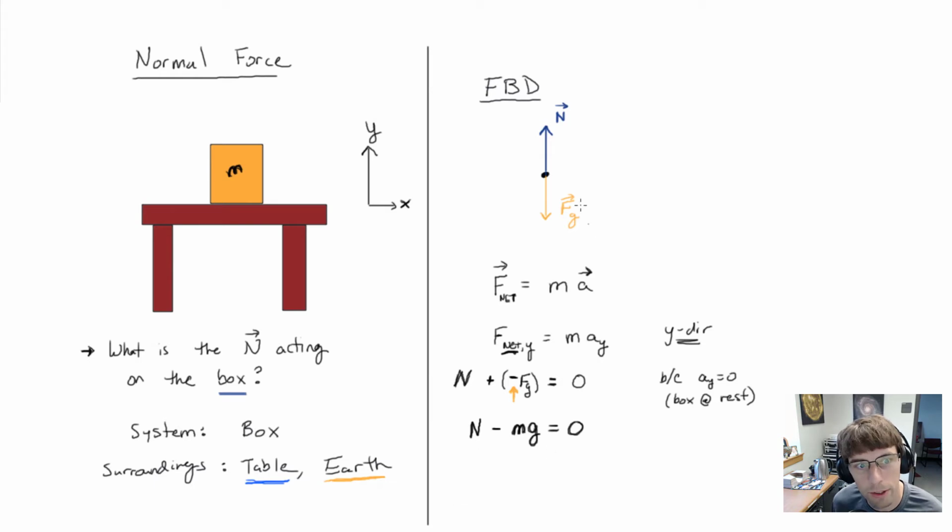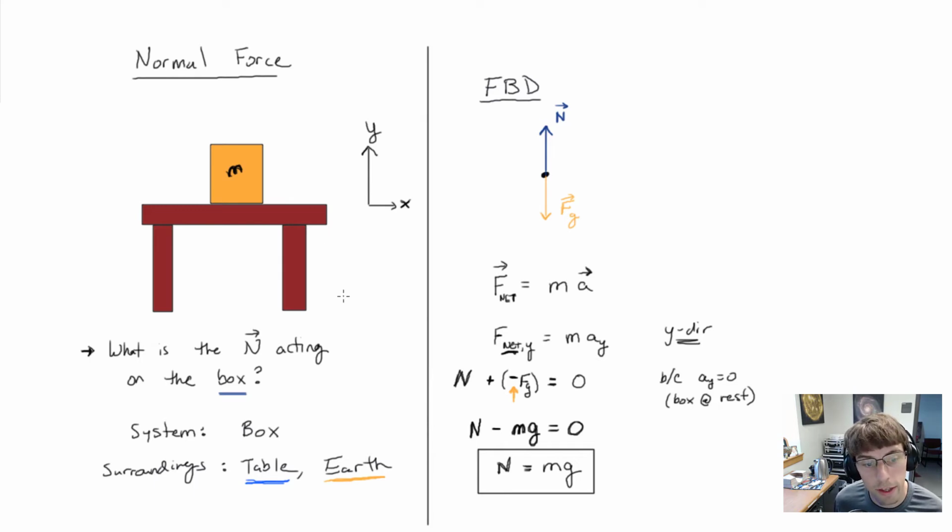And you probably already used this idea when drawing your vectors in the first place. Let's move the mg to the other side, and we're done. We have that the normal force in this situation is equal to the mass of the box times the acceleration due to gravity. And I'll go ahead and square that off so that we know that that's our final answer. We're done.